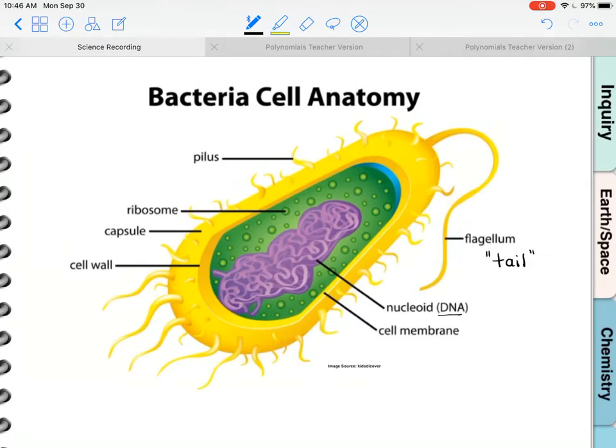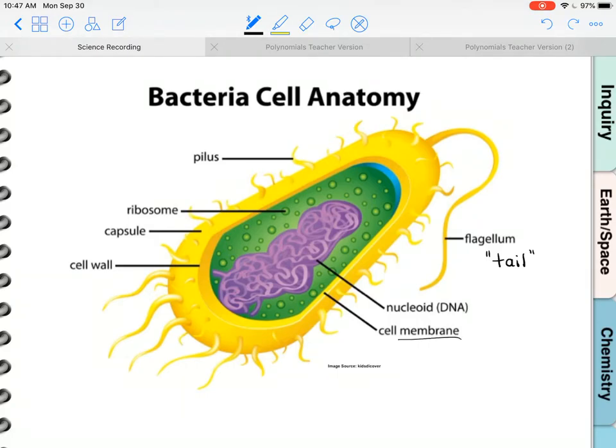You see the DNA of this bacteria. Even bacteria have DNA. It's in this nucleoid where you have, it looks like tape, just videotape crammed in there. But the DNA is contained for this bacteria in that tape-looking stuff.